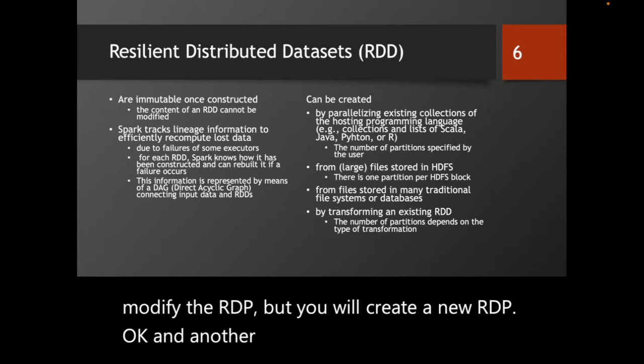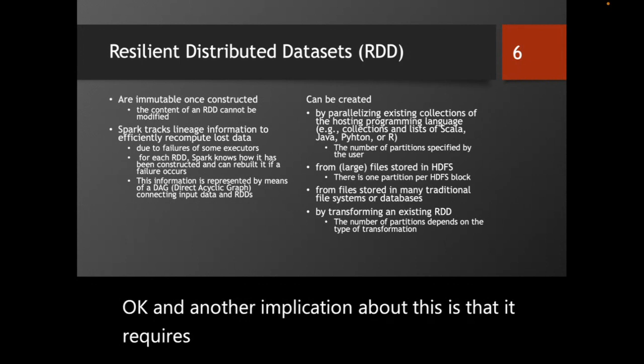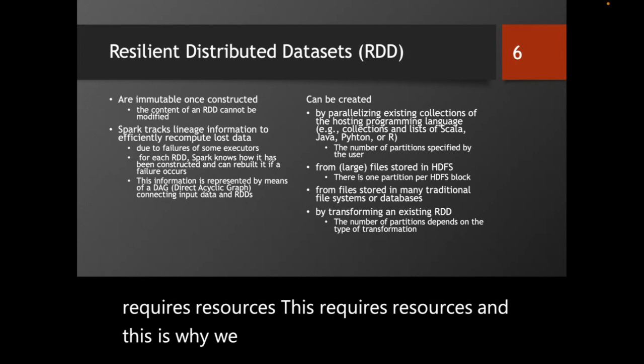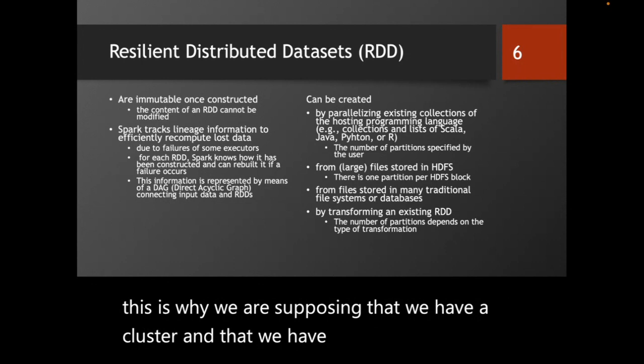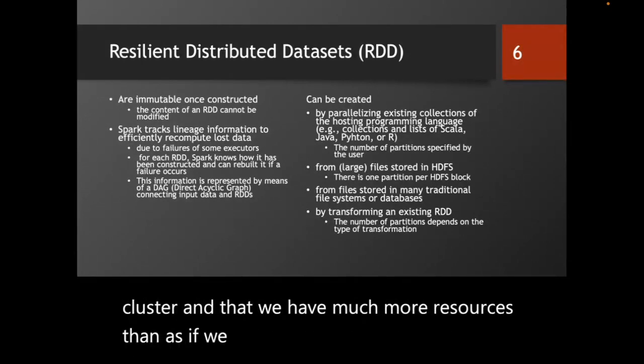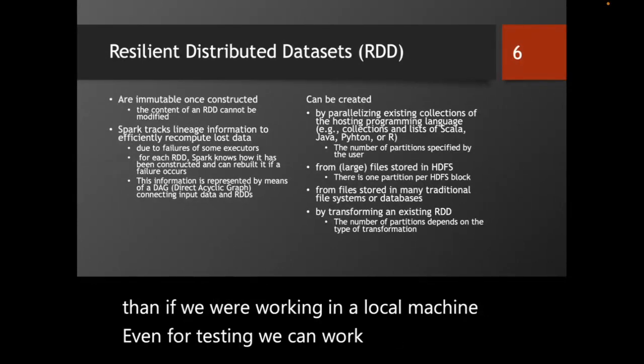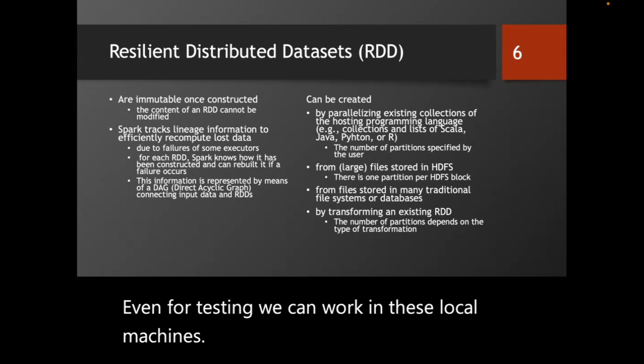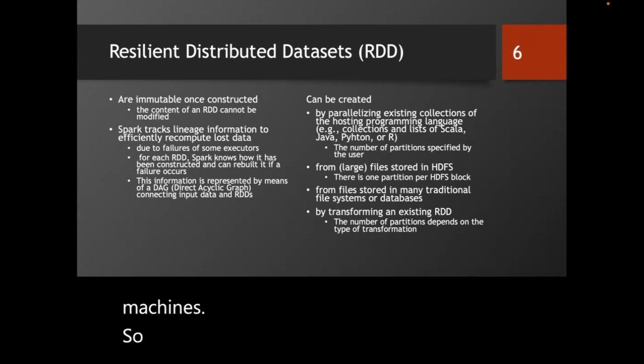Another implication is that this requires resources, and this is why we are supposing that we have a cluster with many more resources than if we were working on a local machine, even if for testing we can work on these local machines. So that's the story of immutability of RDDs.